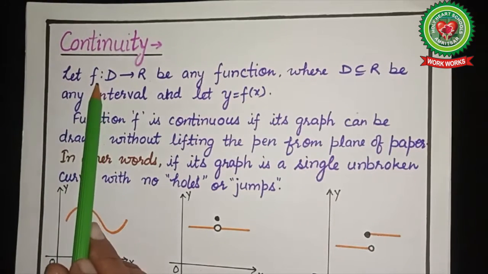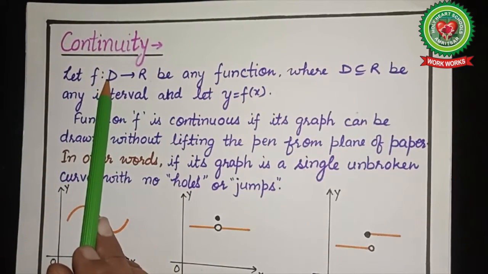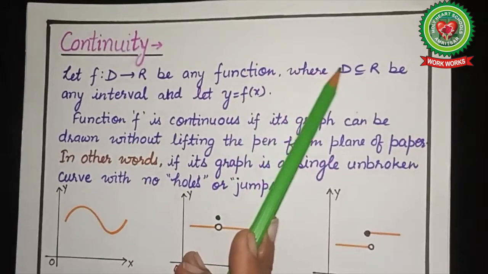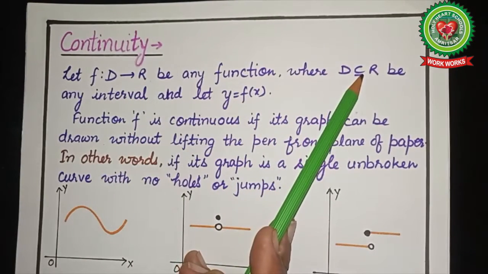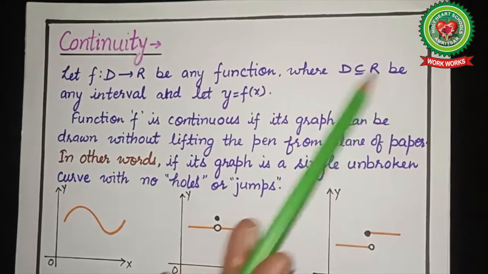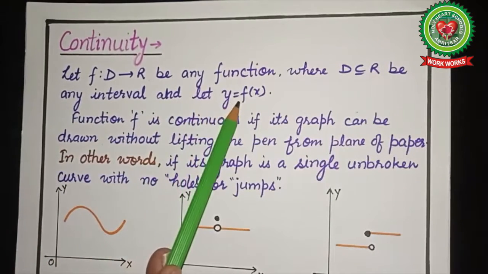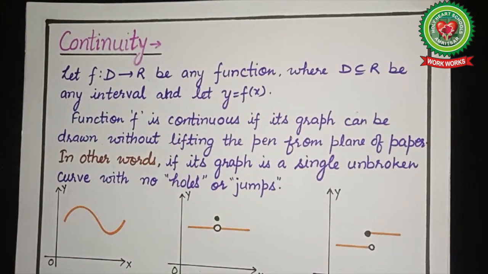Let f be a function defined from D to R, where D is a subset of R, that is a real number, be any interval, and let y is equal to f(x).